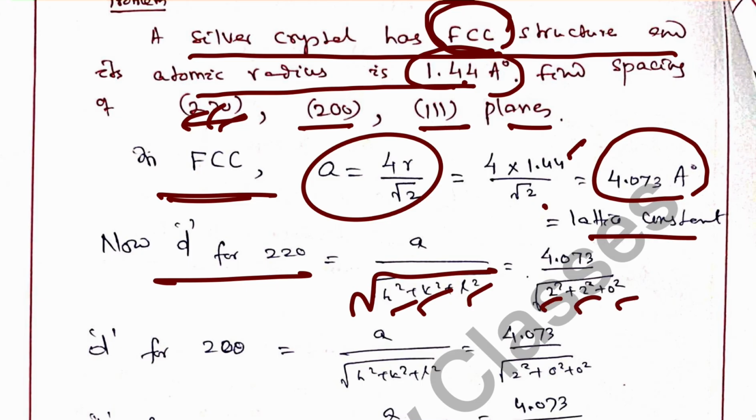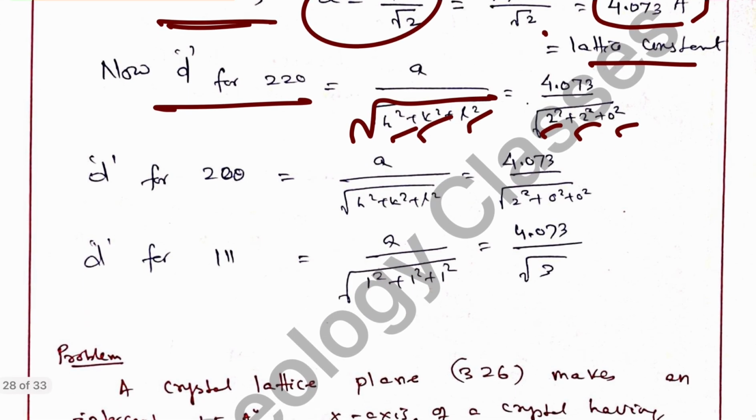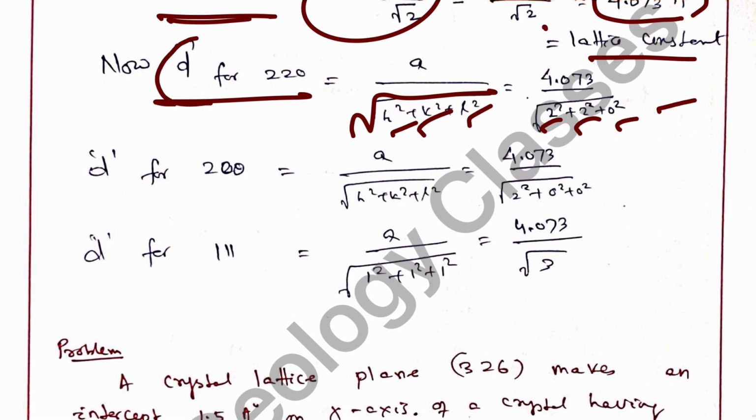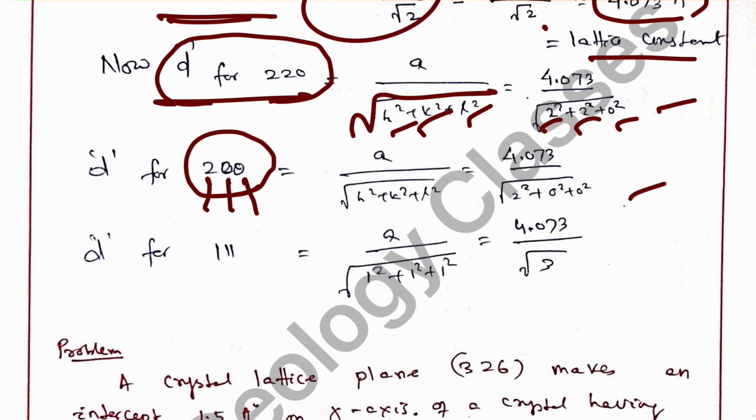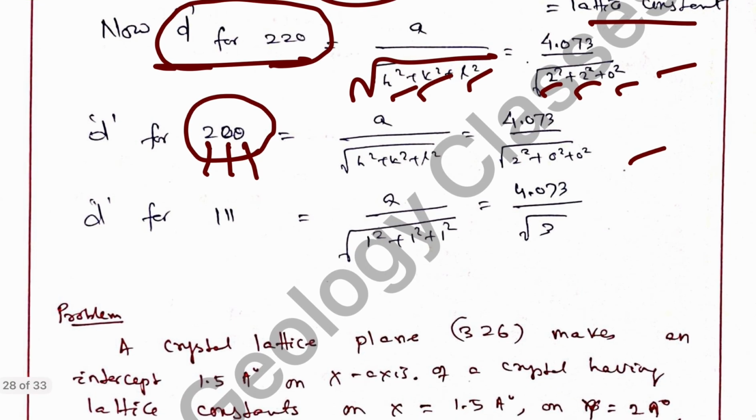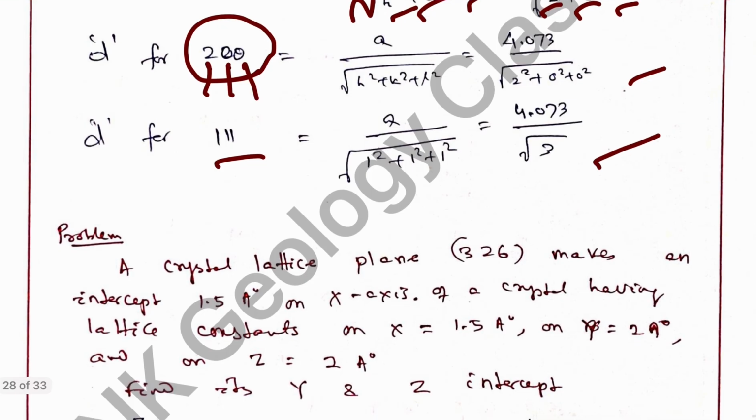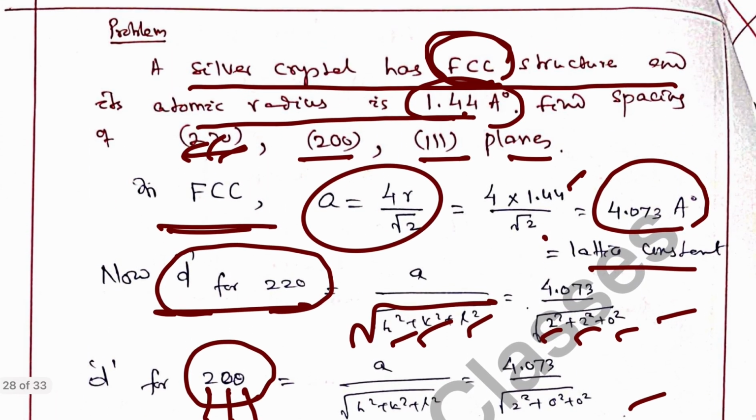They are squared, and thus we find the interplanar distance for plane 220. We can find the interplanar spacing for 200 by taking h is 2, k 0, l 0. So this has been shown here. And for 111, this is the value. So we have to remember this formula.